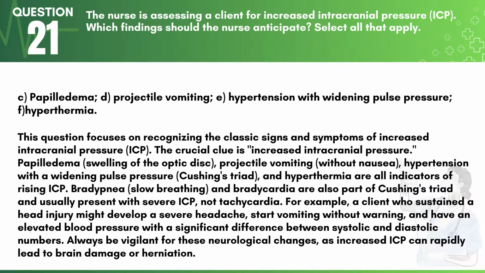Bradypnea, slow breathing, and bradycardia are also part of Cushing's triad and usually present with severe ICP, not tachycardia. For example, a client who sustained a head injury might develop a severe headache, start vomiting without warning, and have an elevated blood pressure with a significant difference between systolic and diastolic numbers. Always be vigilant for these neurological changes, as increased ICP can rapidly lead to brain damage or herniation.